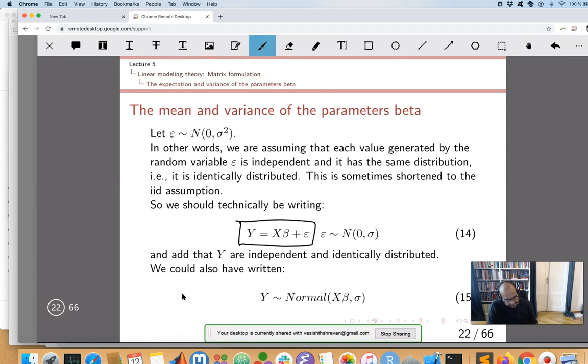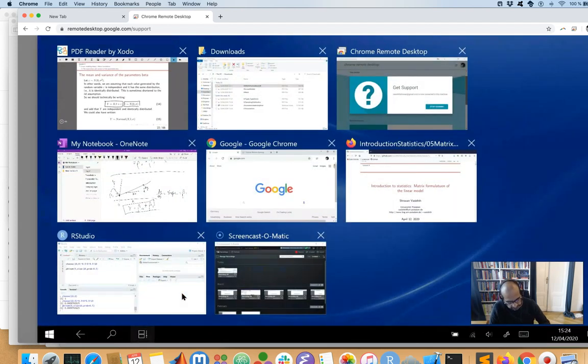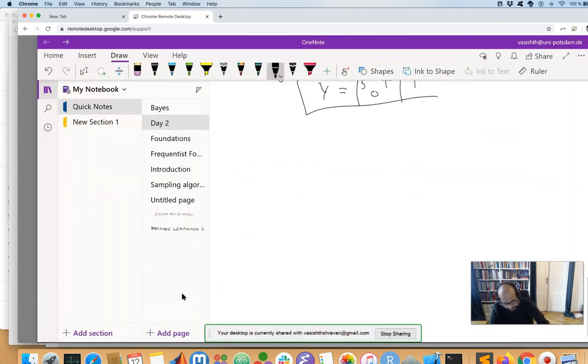What I've written here is slightly sloppy, because the epsilon that I'm assuming here is describing the underlying generative process for each of the n data points, the epsilons for each of the n data points in the vector that we will have in the matrix formulation. So let me spell this out a little bit. Basically what I have is a matrix form of this model now.